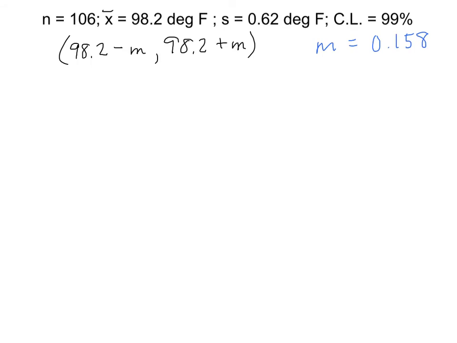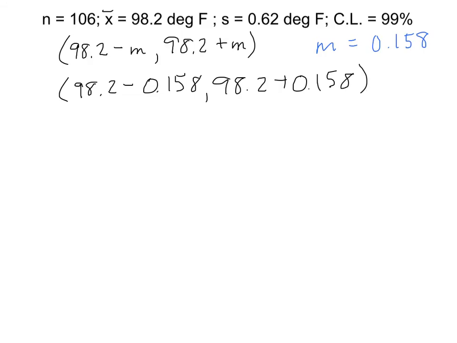So now we have the start of our confidence interval, and we found what m is as well. So it's just a matter of plugging in. So 98.2 minus the 0.158 and 98.2 plus the 0.158. And so our confidence interval becomes 98.042.